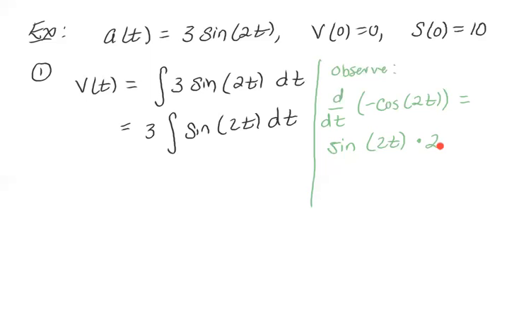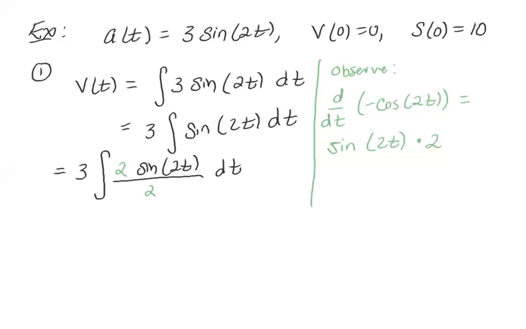This is equal to, with that constant 3 still up front, 2 times the sine of 2t, all divided by 2. If I multiply and divide by the same value, it doesn't change my expression any.